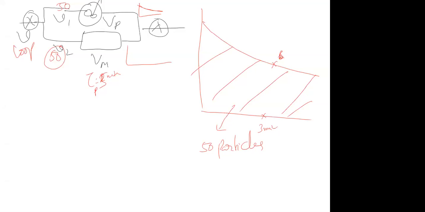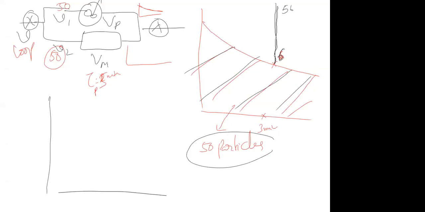Those 6 are coming from the CSTR, but the area under the CSTR curve corresponds to 50 particles. But at this 3 minutes, you will get exactly 56 particles. So overall 56 particles.